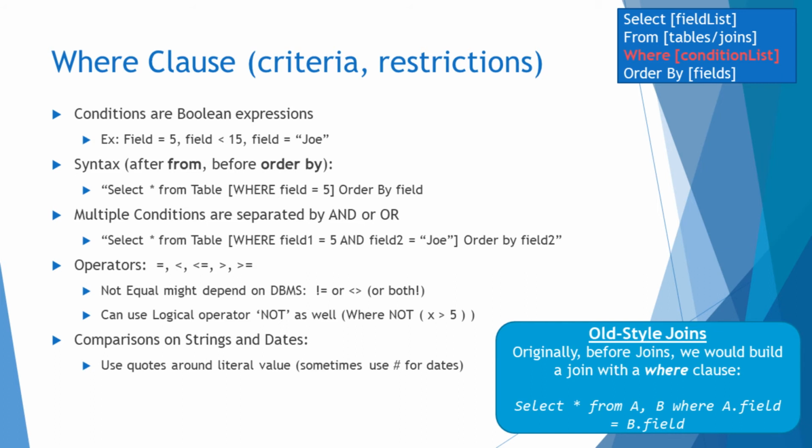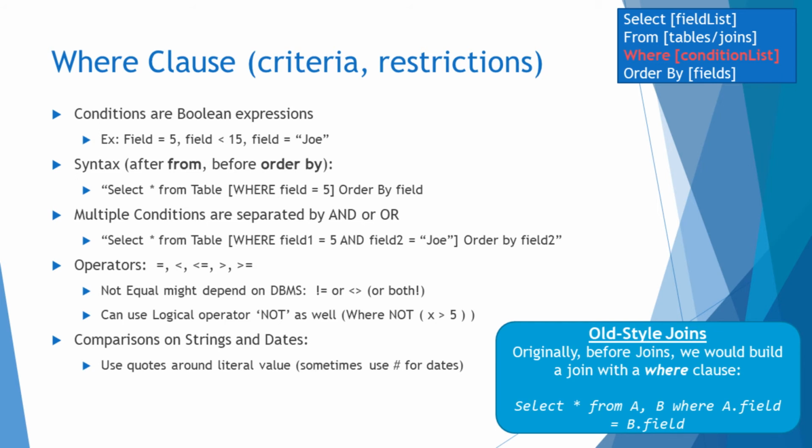You can have multiple conditions or multiple restrictions or multiple criteria as your condition list, as long as they are separated by either an and or an or. You do need to separate those out so that the interpreter that is going to take your information in your query, your DBMS, knows how to process that piece of information.